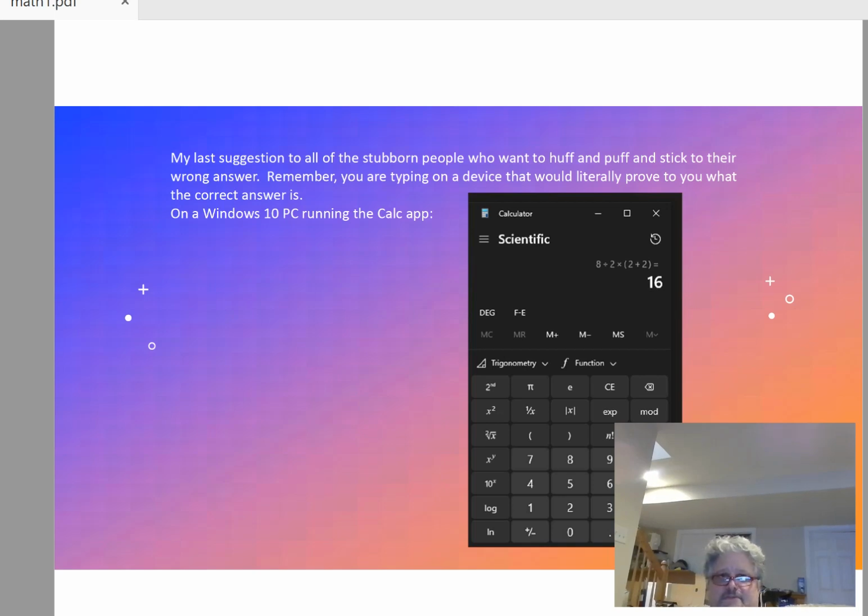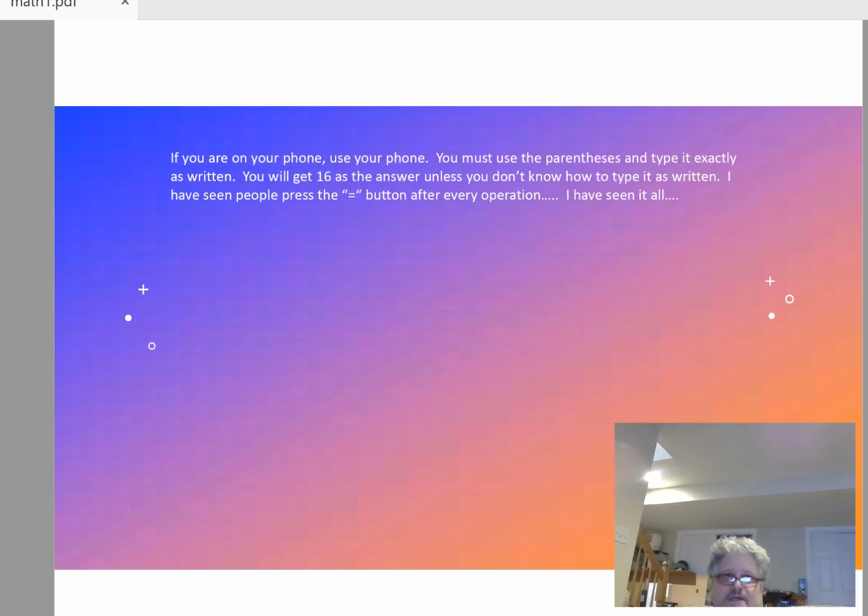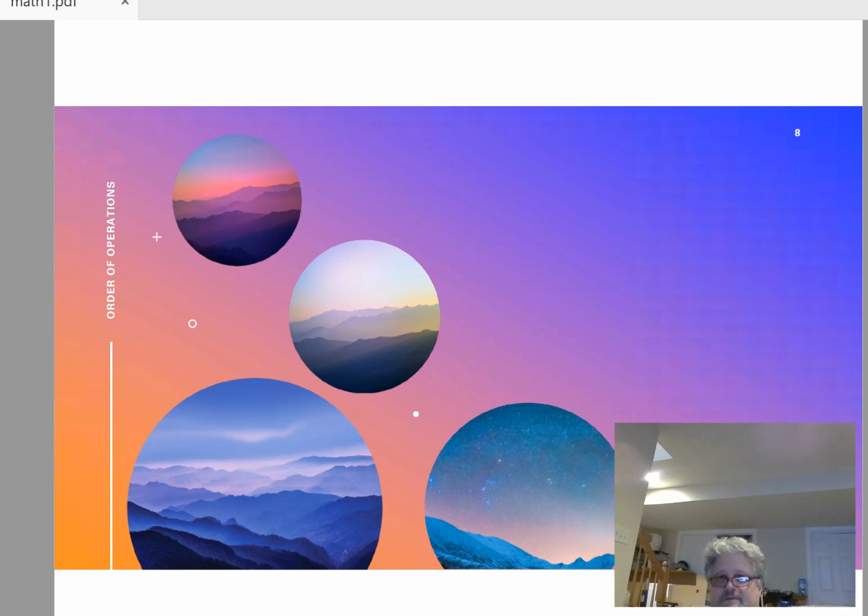For example, I've got a screenshot from my Windows 10 PC using my calculator app. I'm using the scientific mode so that I can use the parentheses here. When I enter that in, it gives me the answer of 16. You can do the very same thing on your phone. I've got an Android phone with a calculator app. I've never used an iPhone, but I'm sure they have a similar calculator app. Go try it. Type it in, see what you get, and you're going to get the answer of 16.